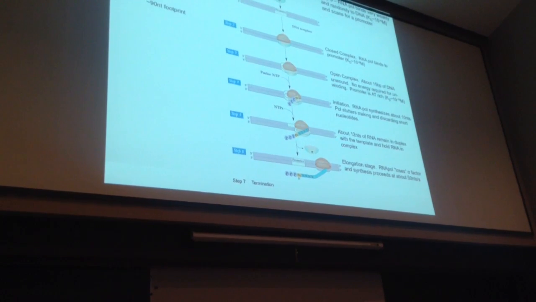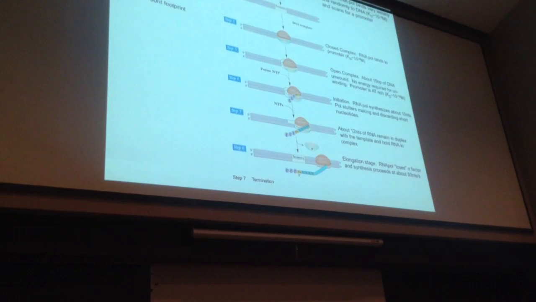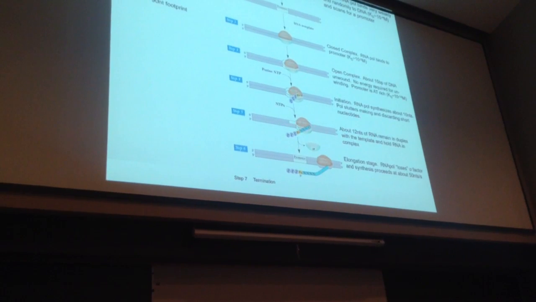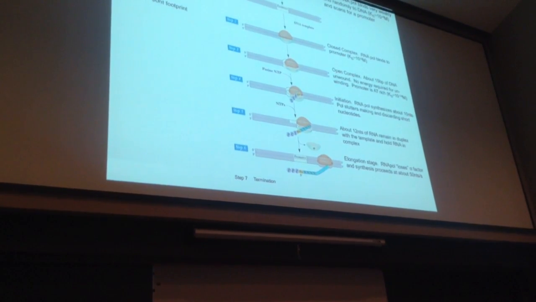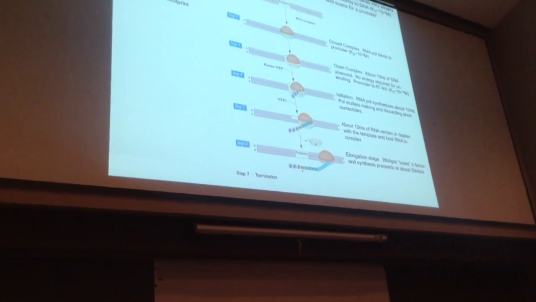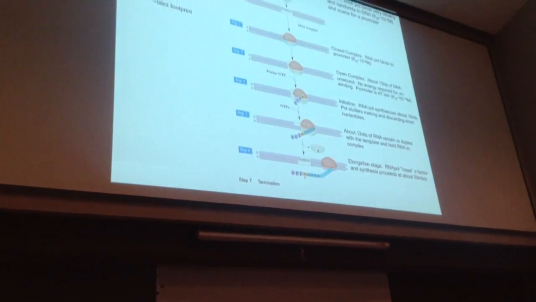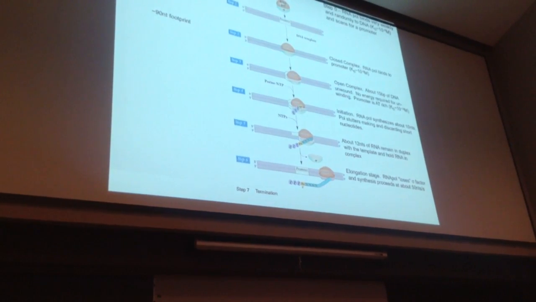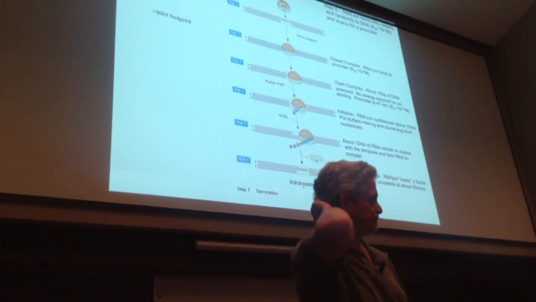So that process just keeps going until finally it makes 10 and it forms that duplex. But it's very important that about a dozen or so nucleotides form this. Once that happens, this whole complex then stops. It just stops dead. Why do you think it stops dead after about 10, 12 nucleotides or so? Why do you think it stops?